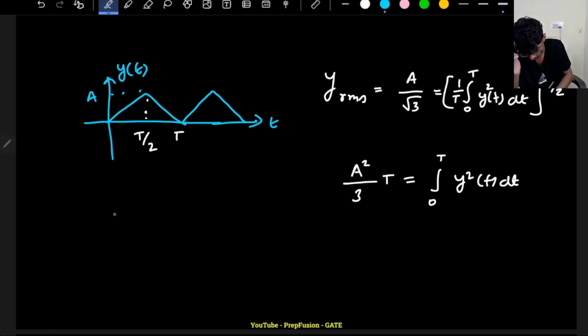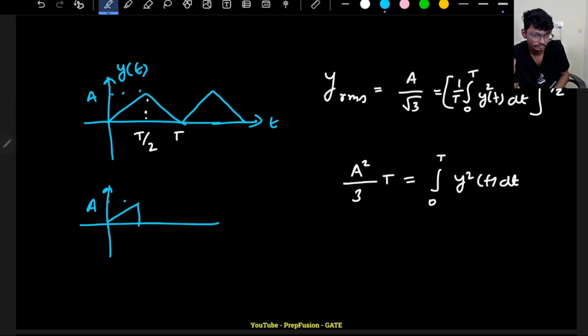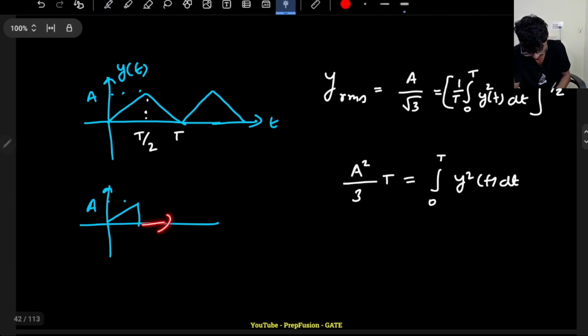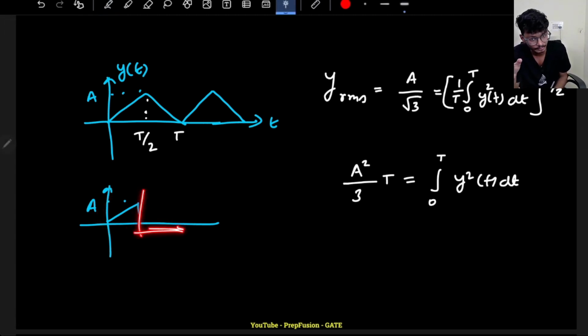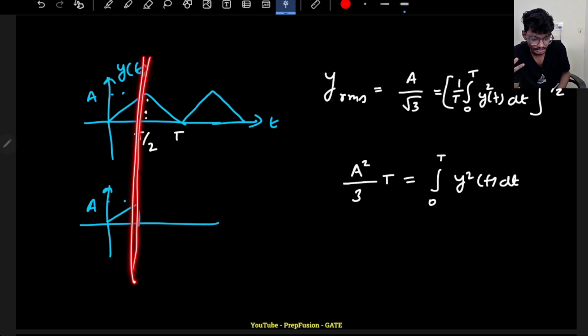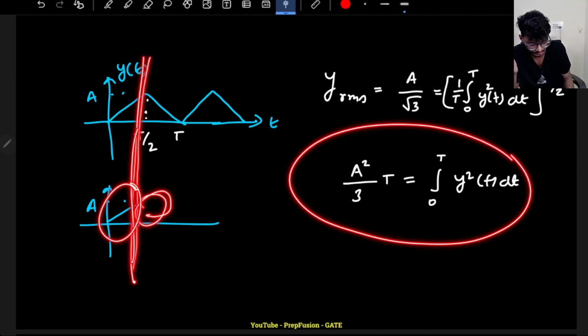If I have a half triangle like this, what will be the area of the square? It will simply be half, because the other part is 0, and for only one part am I getting the area. If I square it, the other part will still remain 0, and the square will be identical for 0 to t by 2. So ultimately only this much area I will get, simply half of whatever I am getting.